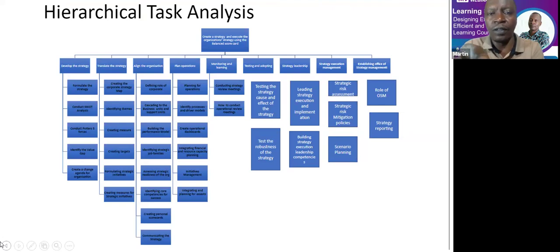This is on the course on creating the strategy and executing the organizational strategy using the balanced scorecard. So here we had to map all the competencies, all the tasks that would be required for you to be able to create a strategy and execute it using the balanced scorecard. What you're looking at is a blueprint of the course. What runs from left to right at the top is where they develop the strategy. Let me just highlight.